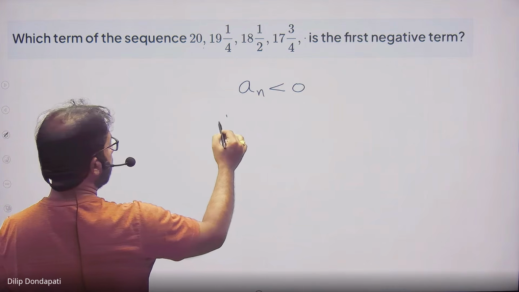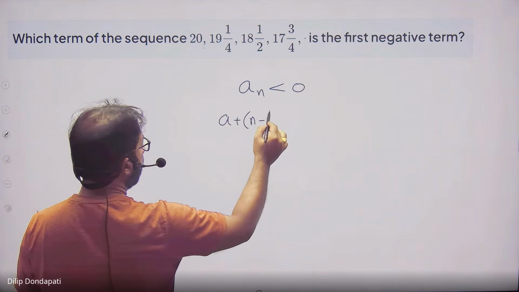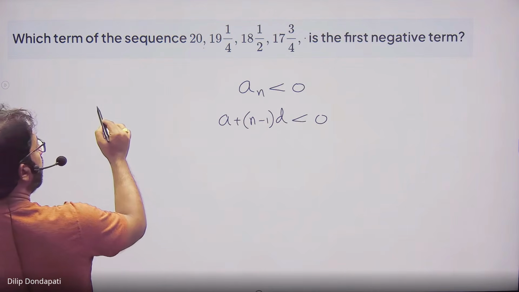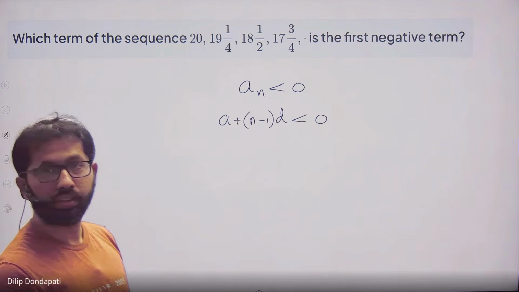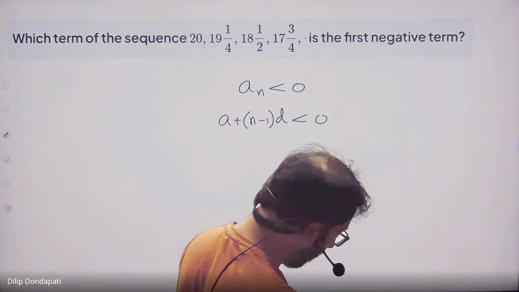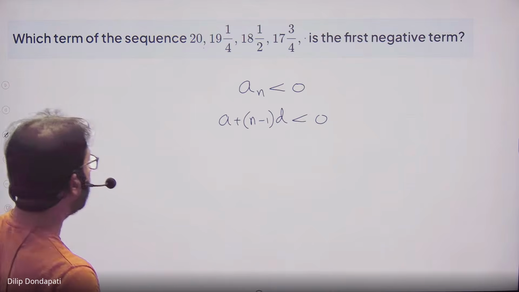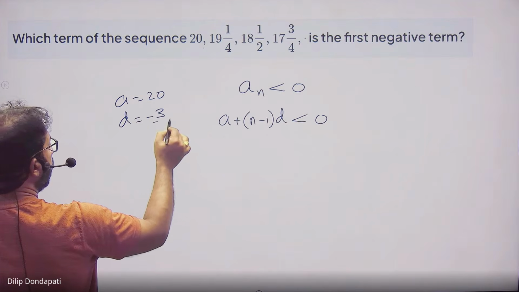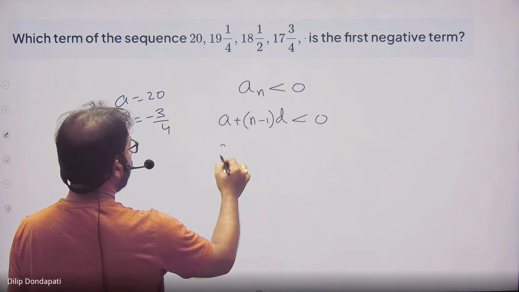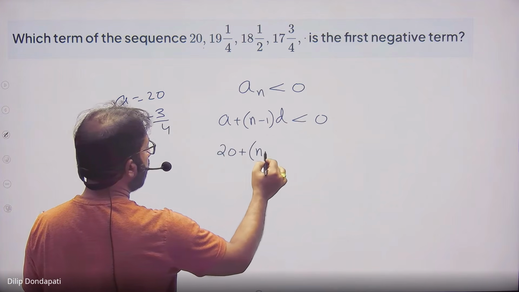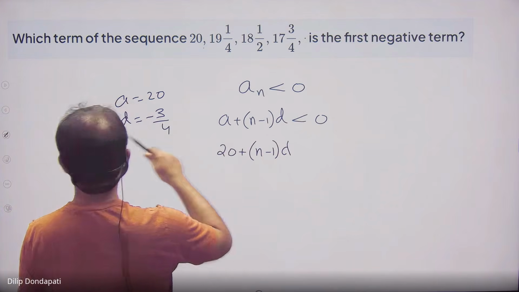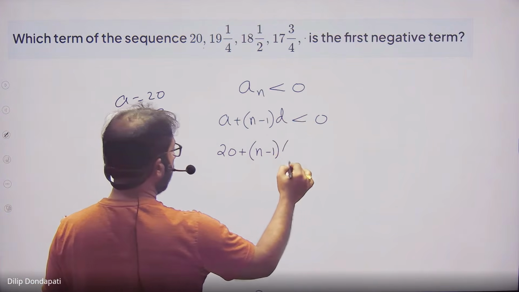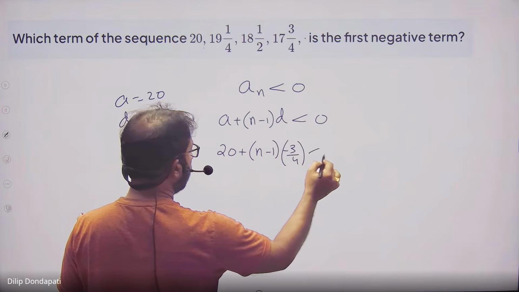खत्म हो जाएगा. So इधर से a plus (n minus 1) into d is less than 0. हाँ, a is 20, d कितना है? d फाइंड करो, 19 1 by 4 minus 20, कितना d? Minus 3 by 4. So a is 20, d is minus 3 by 4, substitute this one: 20 plus (n minus 1) into d, and d के जगह में minus 3 by 4, less than 0.